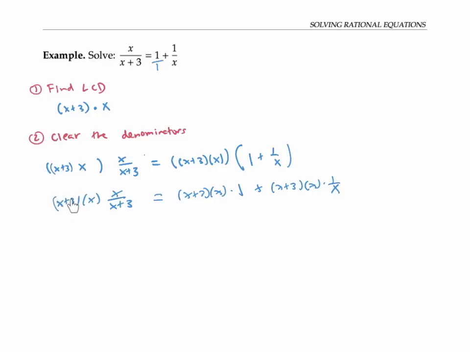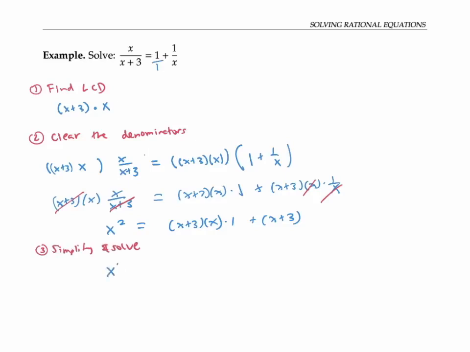The x plus 3 cancels with the x plus 3 on the denominator. Here nothing cancels out because there's no denominator, and here the x in the numerator cancels with the x in the denominator. So I can rewrite my expression as x squared equals x plus 3 times x times 1 plus x plus 3. Now I'm going to simplify.